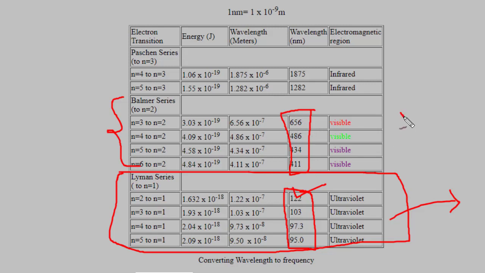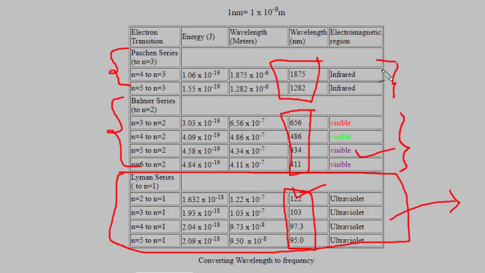And the spectrum is in the visible range with different colors like red, then green, and violet. If we talk about the Paschen series, you can see that the wavelength is increased further, 1282 to 1875, and it is emitting infrared light.